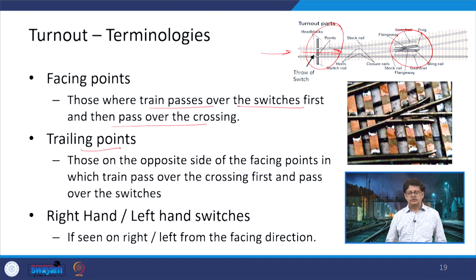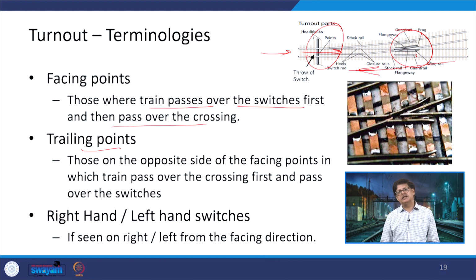Trailing points: those on the opposite side of the facing points, where the train passes over the crossing first and then passes over the switches. So, the train is coming in this direction, from the crossing to the points and switches provided on this side.